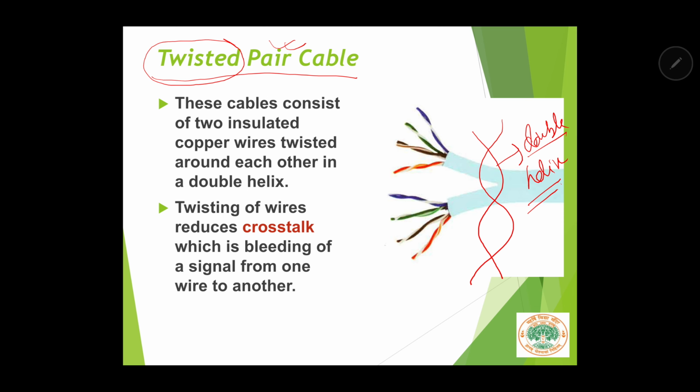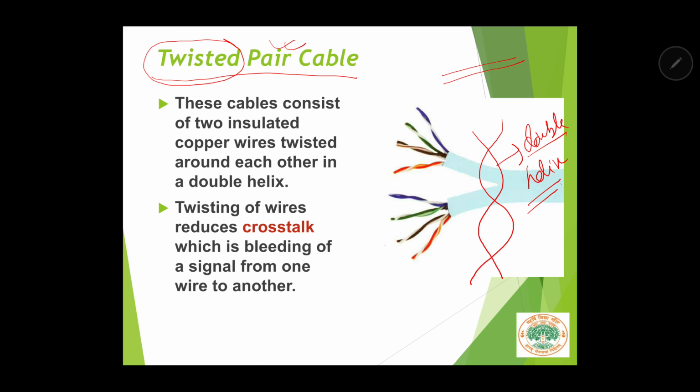So here are two insulated copper wires, and you know the meaning of insulation. If an object is able to carry electricity from one point to another, it is called a conductor, otherwise it is called an insulator. So it consists of two insulated copper wires which are twisted around each other in the form of a double helix structure.